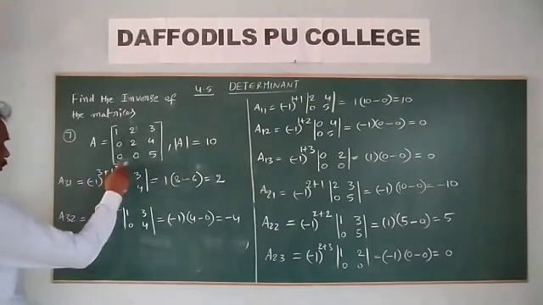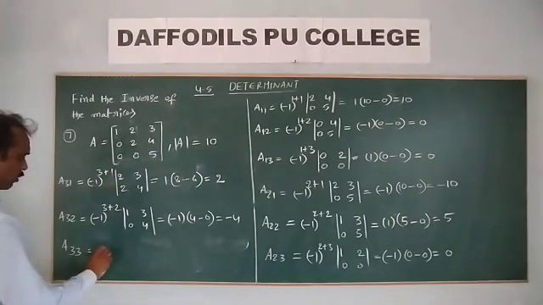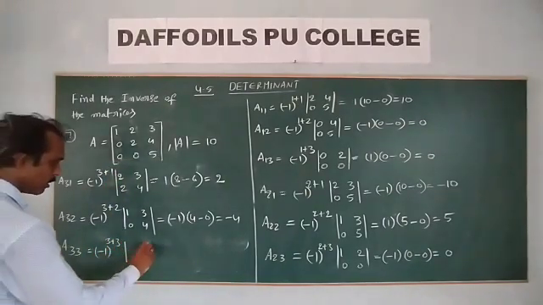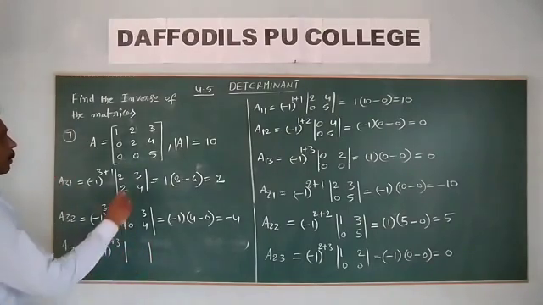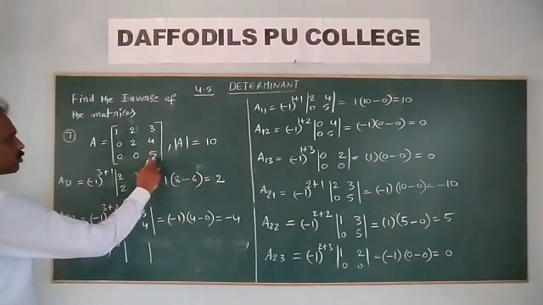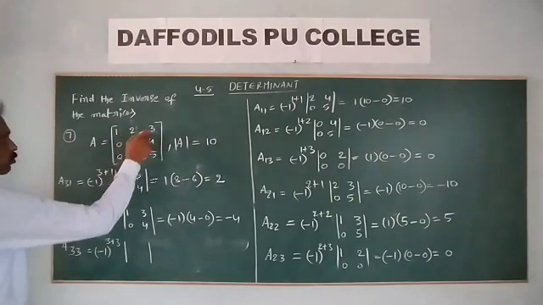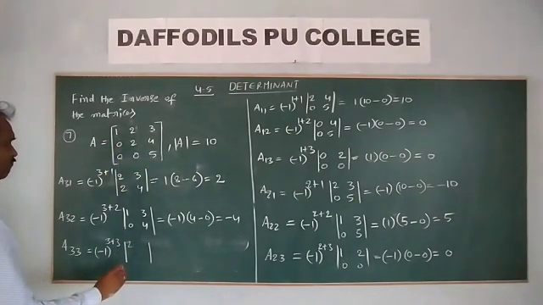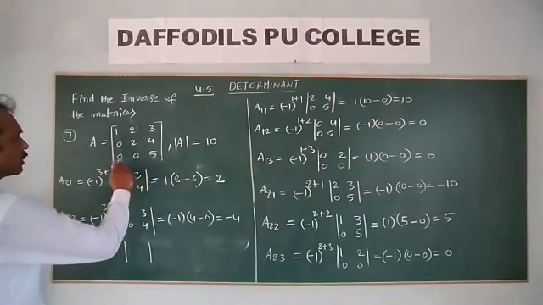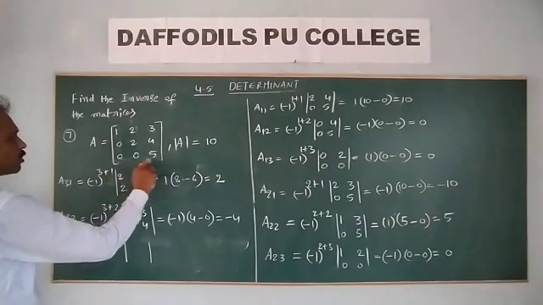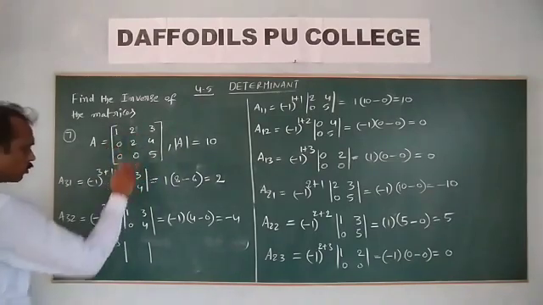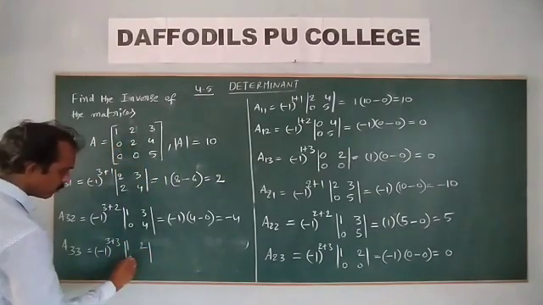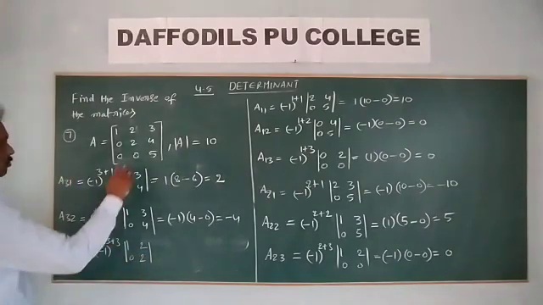Next one, A33 value, minus 1 to the power of 3 plus 3, and it's a minor. What is its minor? Deleting this row and this column, 1, 2, 0, 2.